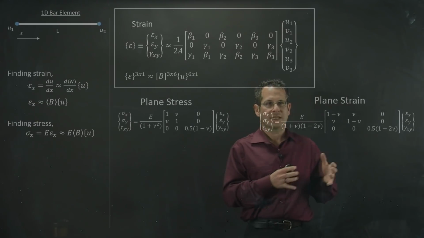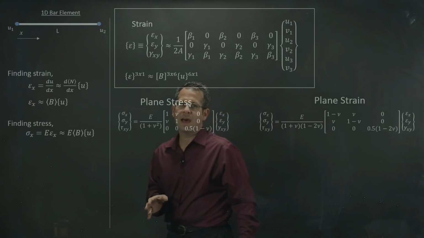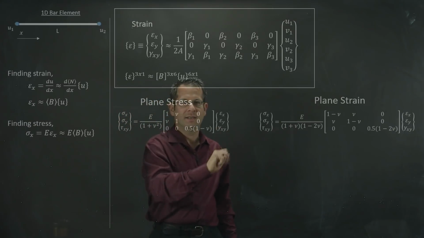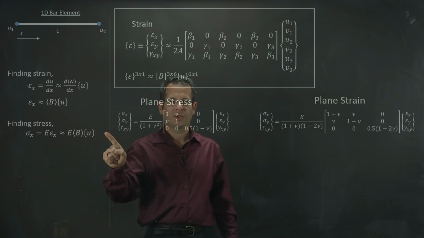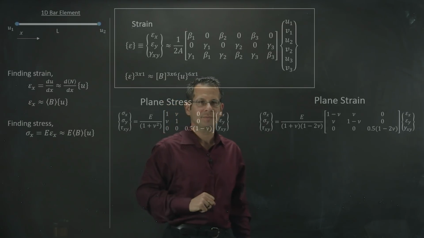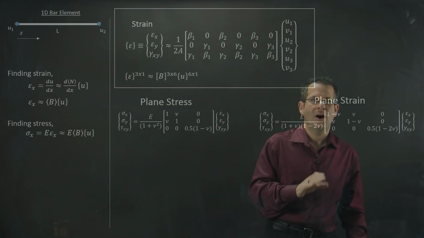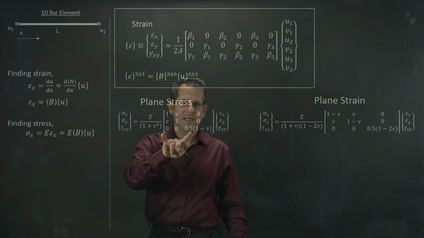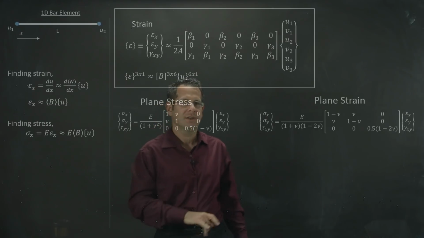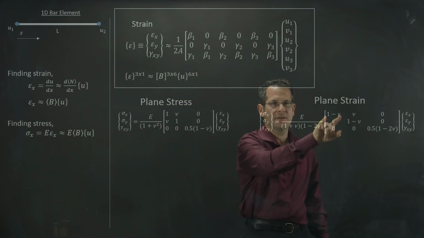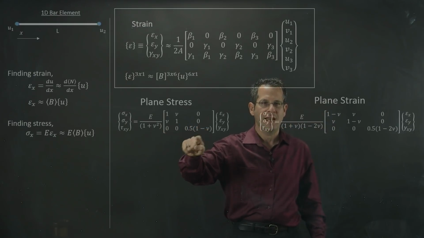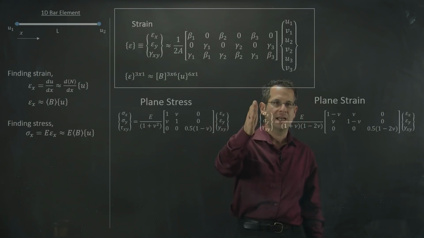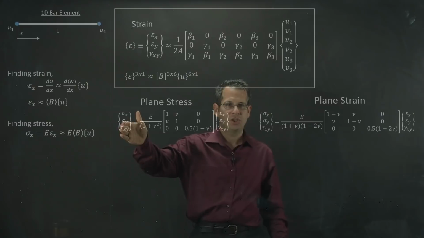Remember, in a previous lecture, I showed you that we have these D matrices that relate stress to strain. Depending on our model, we will either use this D matrix for plane stress or this D matrix for plane strain. In either case, though, they're a D matrix, a 3 by 3 matrix that relates strain to stress.